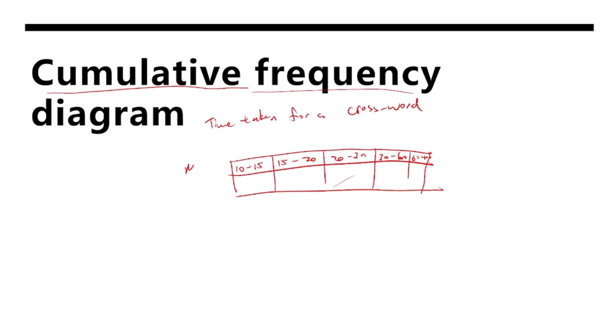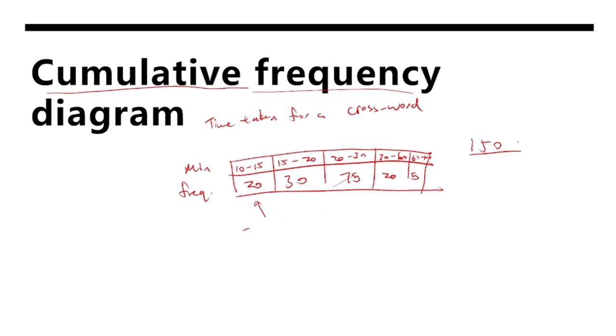And this is minutes, this is frequency. We have 150 people surveyed, sample size, and we have, let's say, 20, 30, 75, and 25. So this will be the frequency.